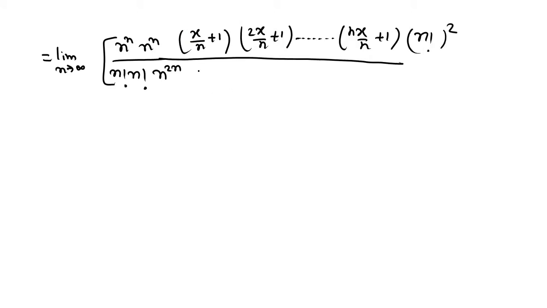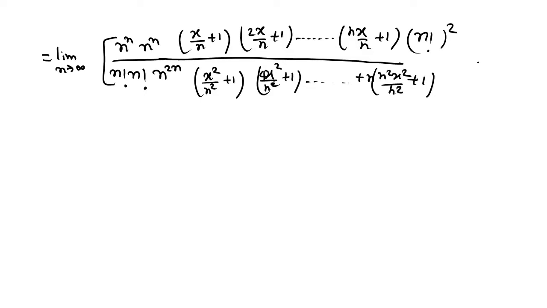And this will become (x²/n² + 1)(4x²/n² + 1) and so on, up to (n²x²/n² + 1), and the power of this is x/n. So from here these terms will be cancelled out, and the remaining term is the limit as n tends to infinity.